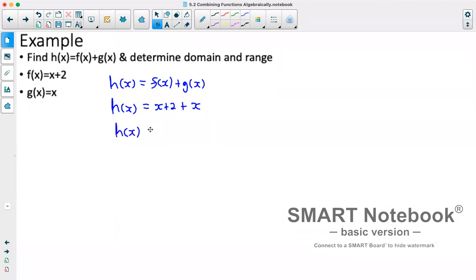So h of x is equal to x plus x, which is 2x plus 2. We can see this is a linear function. Therefore we know its domain is all real numbers, and its range is also all real numbers.